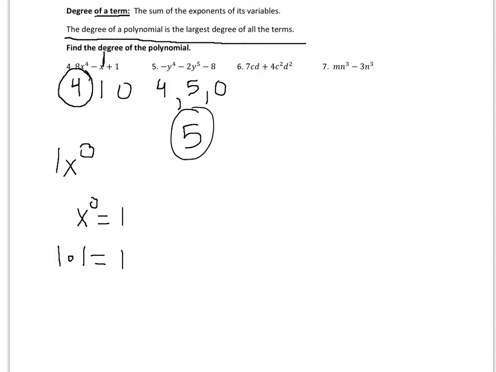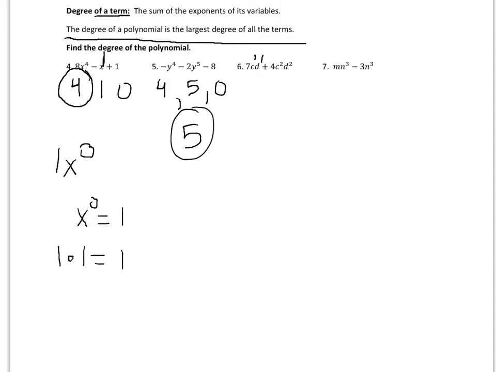Now, this is where we need to go back. This is where a lot of students can make some mental mistakes. Degree of a term, the sum of the exponents of its variables. The sum. What does sum mean? Add. So if I look at the first example where it says 7cd, that's c to the first, d to the first.